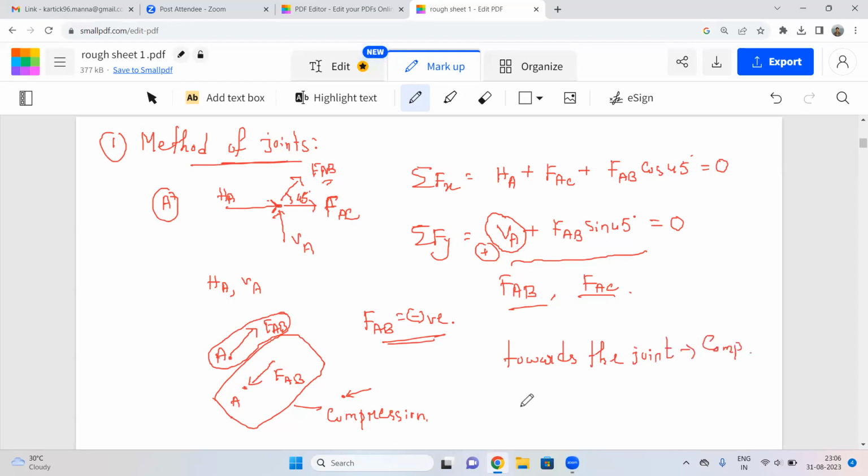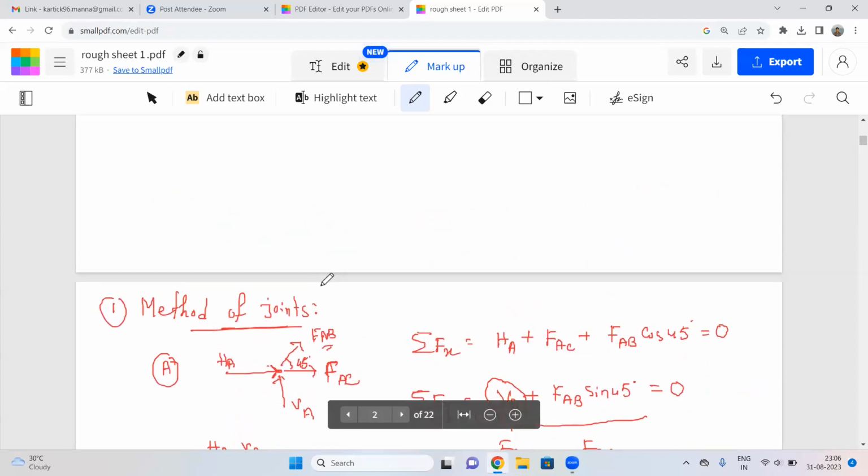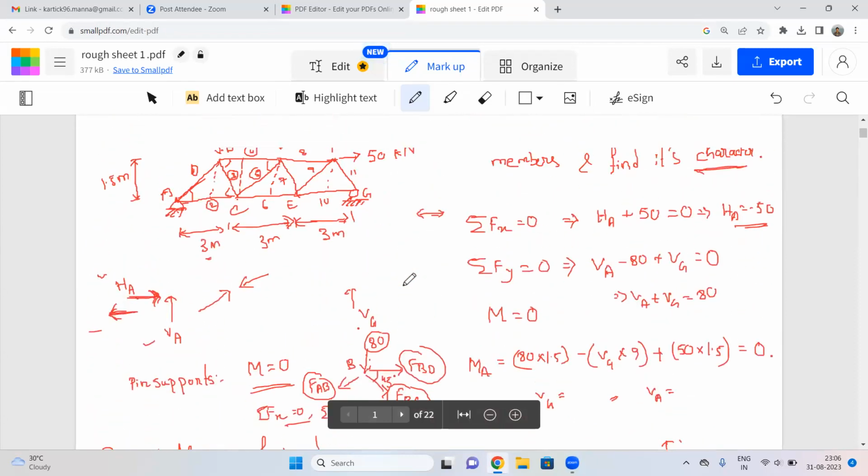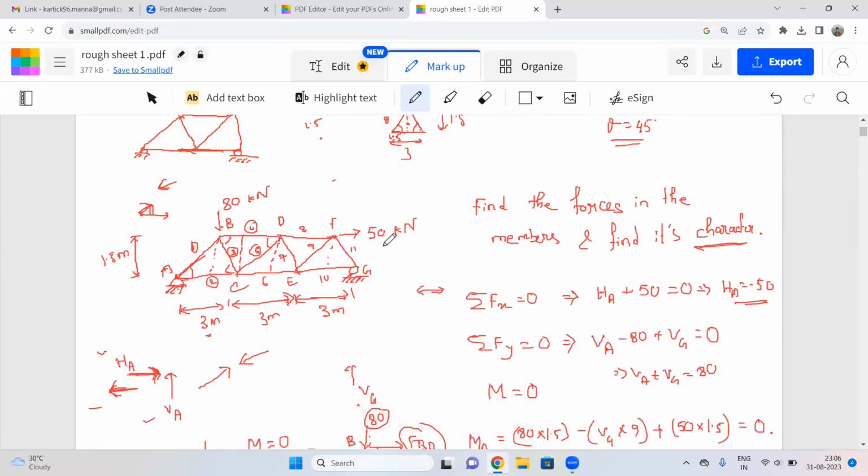Away from the joint, that is tension. Okay. So that is the character. So for this question, you can calculate all the forces in all the members and their characters.